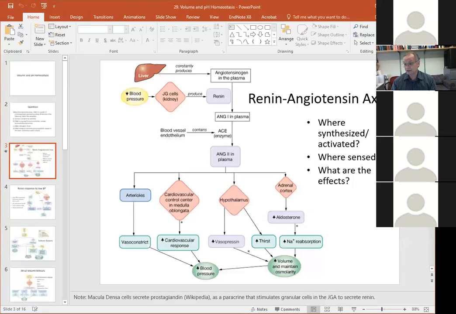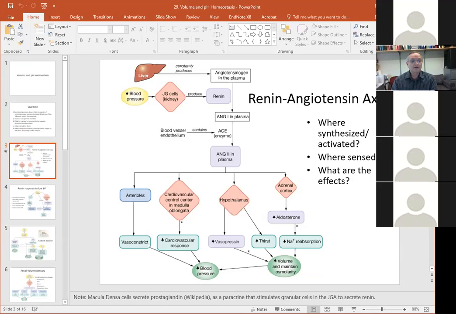The reins are the kidneys. Renal blood flow is kidney blood flow. Renin is a hormone coming, well, it's really an enzyme being secreted by the juxtaglomerular apparatus when the macula densa cells signal it by secreting prostaglandin. Prostaglandin stimulates renin release.